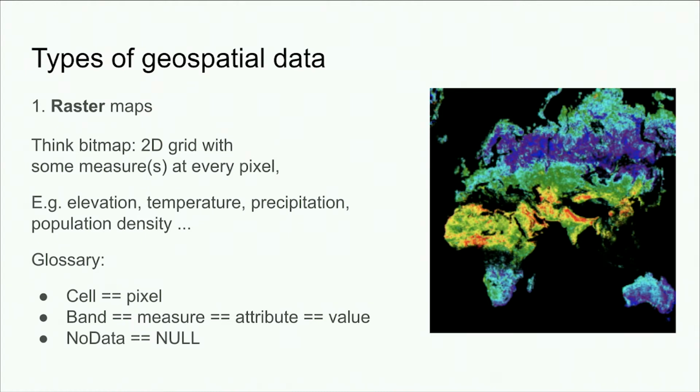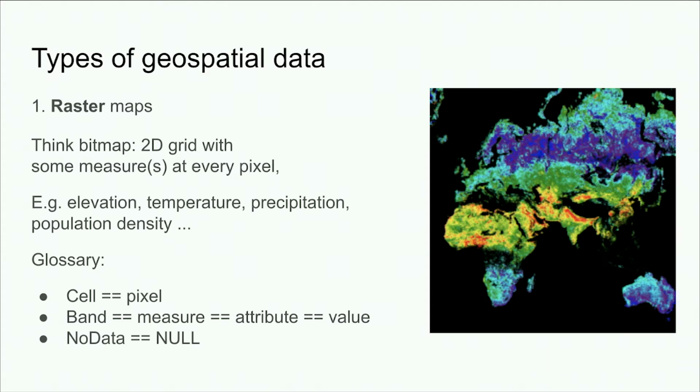That's called raster data. Think about it as you think about bitmaps. It's a 2D grid with some measure or multiple measures assigned to every single pixel. That's it. An example of that measure can be elevation, temperature, precipitation, population density, or whatever.